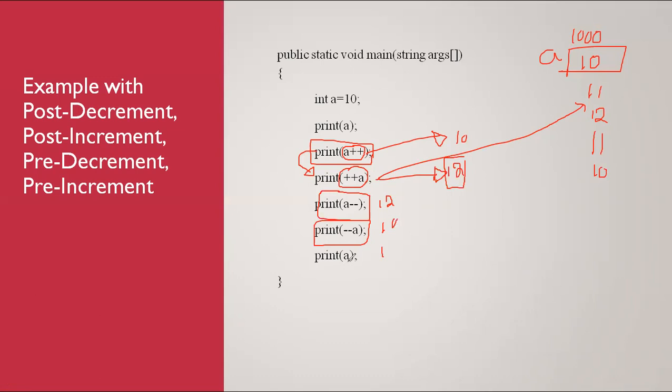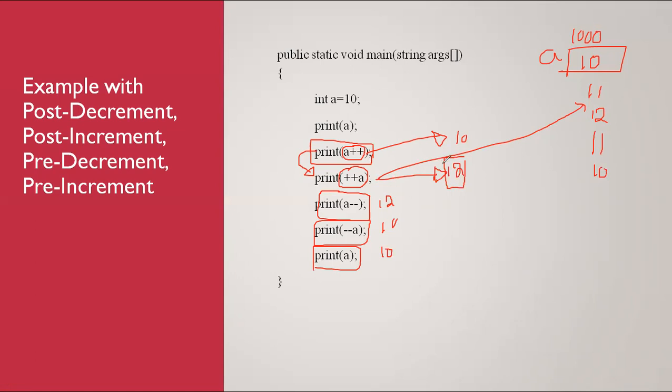The output is as usual, if you could see this, we are not doing any other operations, the value of a is 10. So this is the clear difference between post increment and pre increment, and post decrement and pre decrement.